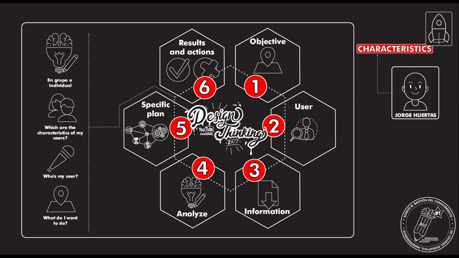This is iterative. It means that after you see the first results and after a while, you could say, okay, this is working. We need to create a new plan. We need to refine it, and we need to make it better, because this is never a product that is completely done. It's still upgrading with time. So it's extremely important that you keep upgrading your plan to achieve your goal.